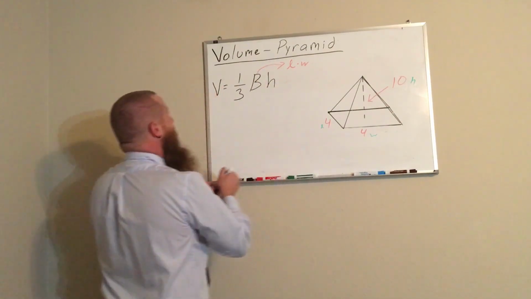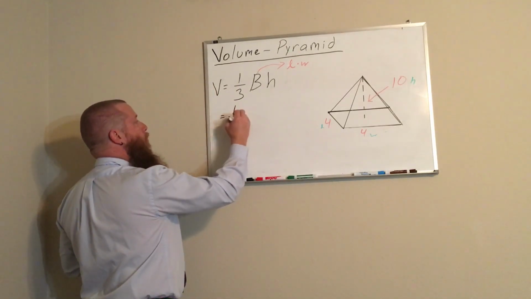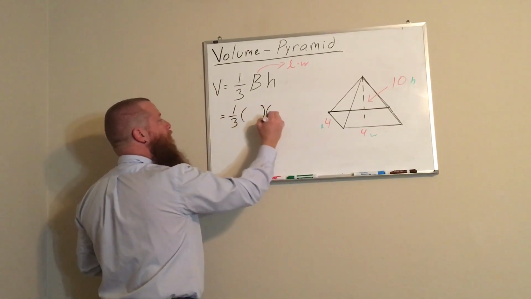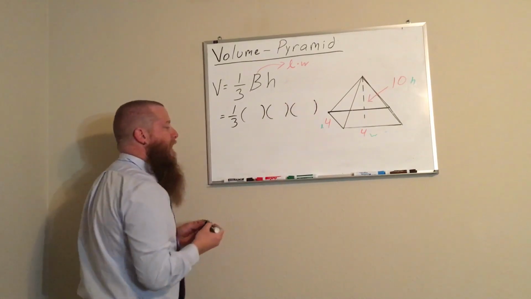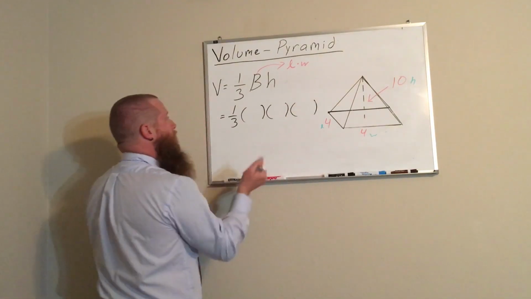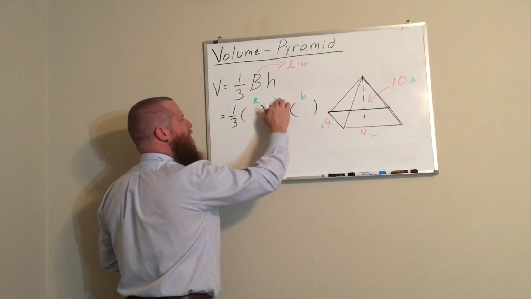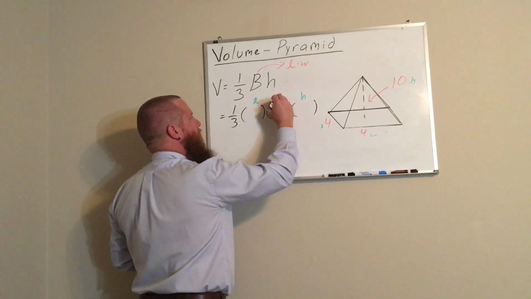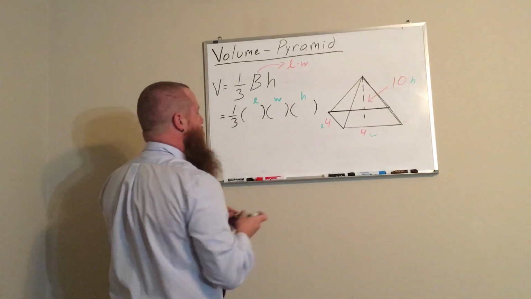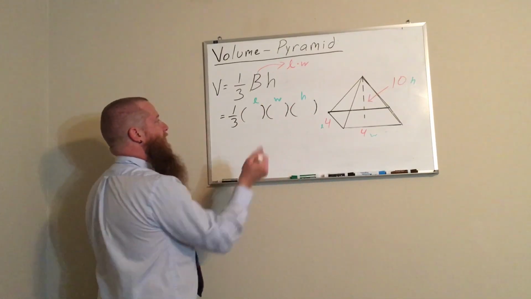So for our formula, we're just going to write 1/3 open parenthesis for each value. So our values are going to be length, width, and height. Let's give it a better W. There we go. All right, so the length in this case is 4.